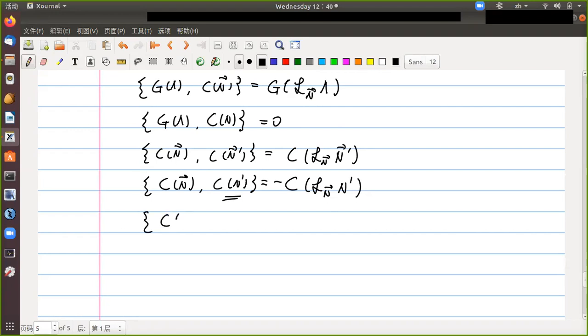Then the Hamiltonian constraint with the Hamiltonian constraint prime gives, of course, the same result as in ADM variables.